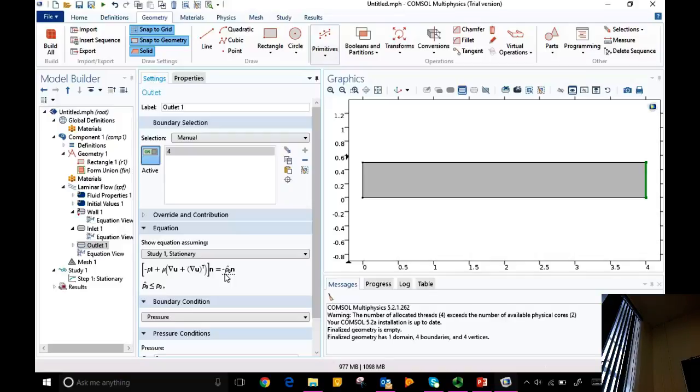What is this entire term? That is the total stress term, right? This is the pi and this is tau, if you like. Tau has been replaced here with the constitutive equation, but this is the total stress in the normal direction. If you put P0 equal to 0, that means the total stress is 0. That's the boundary condition that is imposed.